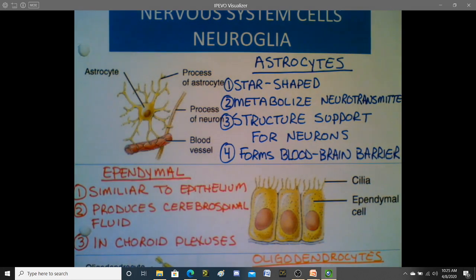There's these structures that we're going to get to a little bit later called choroid plexuses. These are structures in your brain that make cerebral spinal fluid. We'll also talk about cerebral spinal fluid. It's basically just a protective fluid. But the ependymal cells are going to be located in these structures called choroid plexuses, and they are going to make cerebral spinal fluid. So that's their job.